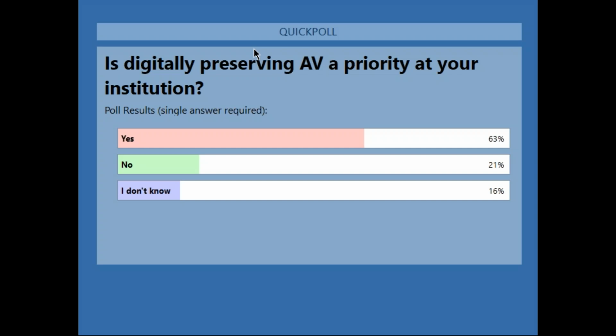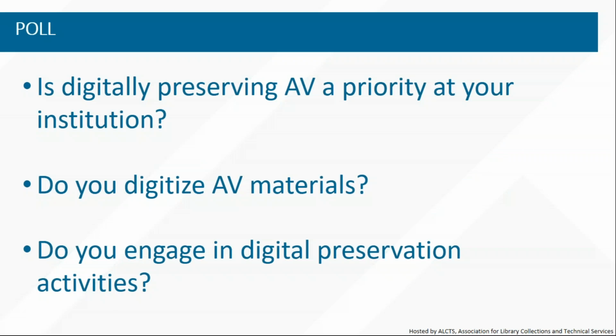But I would definitely encourage those people who don't know and who are interested in audiovisual preservation at their institution to get a sense from those people who are managing the collections what their thoughts are about preserving the media into the future, and if anybody has considered digitization as an option. So we can go to the next poll.